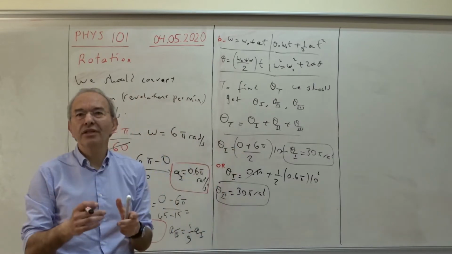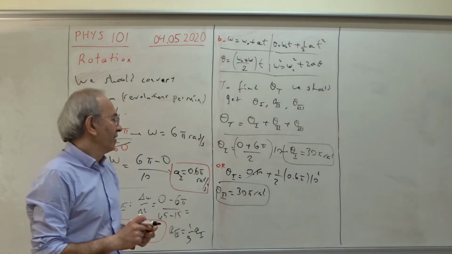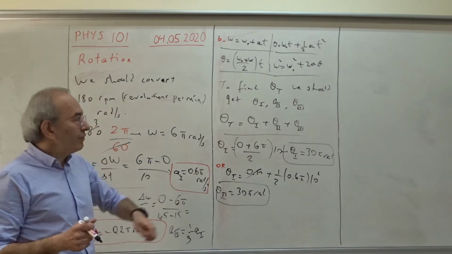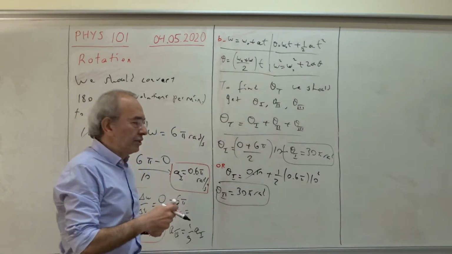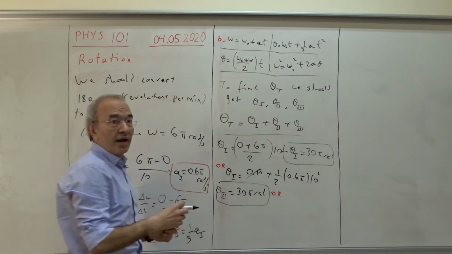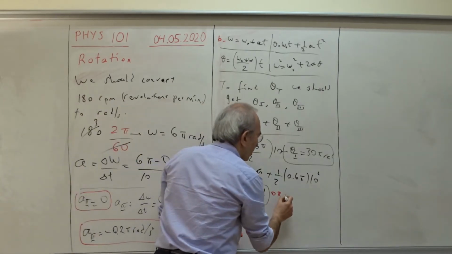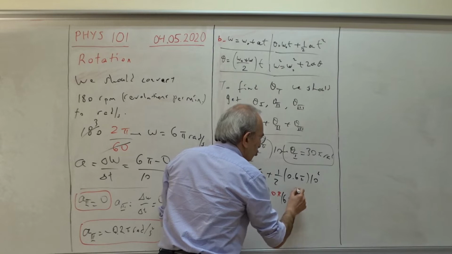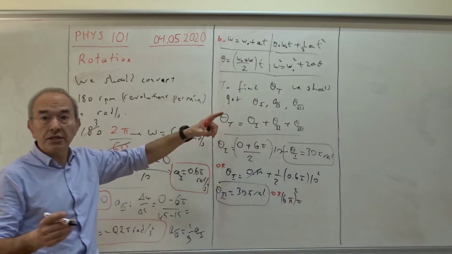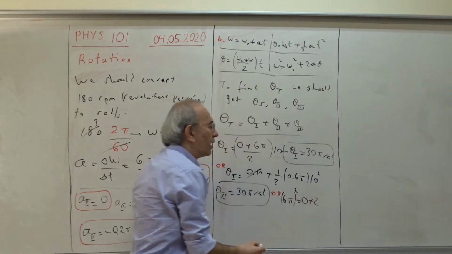So of course we should get the same result. Otherwise it means we made a mistake. Or we can still apply the last equation: omega squared. Do we have omega? Yes, 6 pi. Omega squared equals initial speed omega 0, which is 0, plus 2 times alpha.